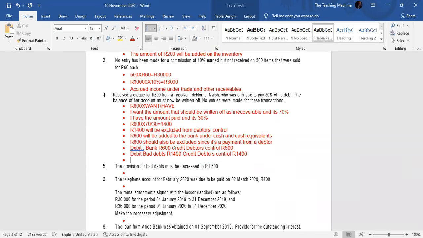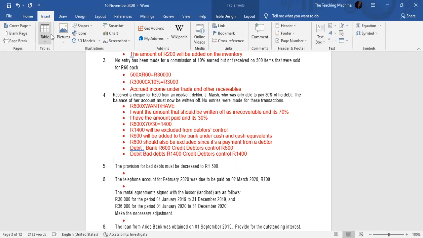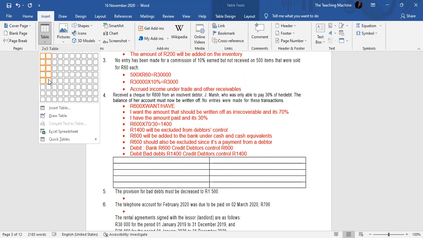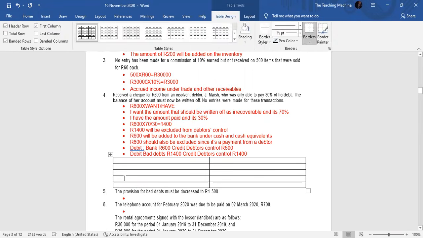I'm going to try and create a statement of financial position here and show you how this information will be disclosed. Say for example, this is our statement of financial position, assets section. Under current assets, you have trade receivables.